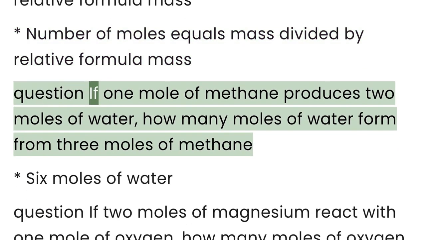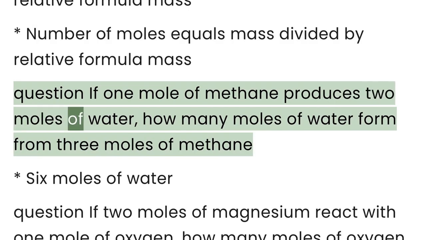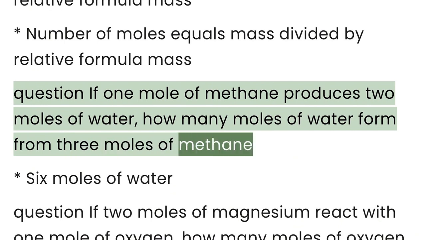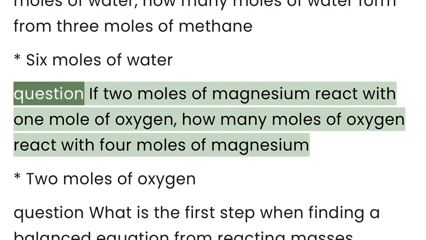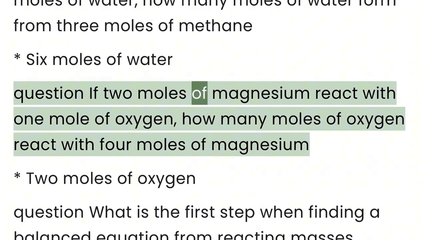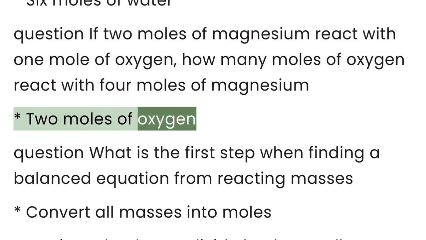Question: if 1 mole of methane produces 2 moles of water, how many moles of water form from 3 moles of methane? 6 moles of water. Question. If 2 moles of magnesium react with 1 mole of oxygen, how many moles of oxygen react with 4 moles of magnesium? 2 moles of oxygen.